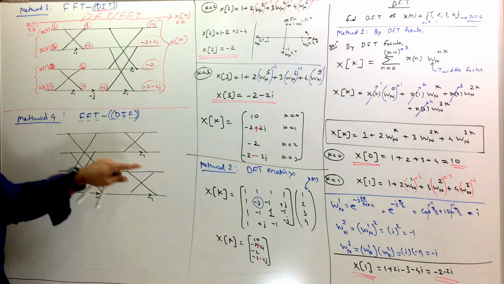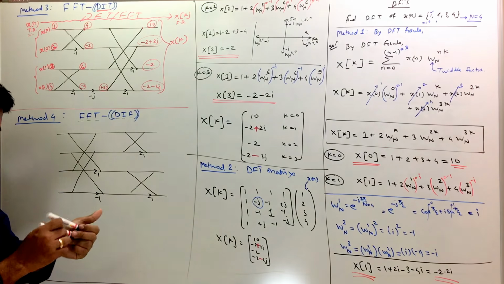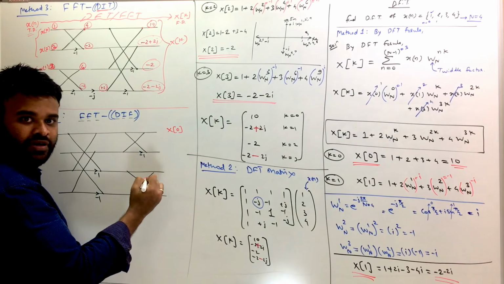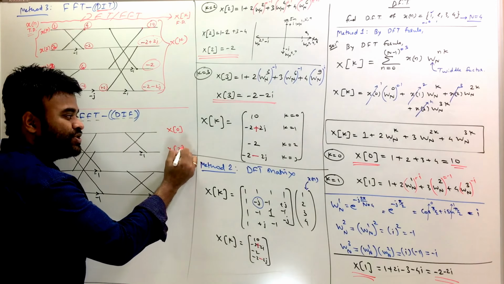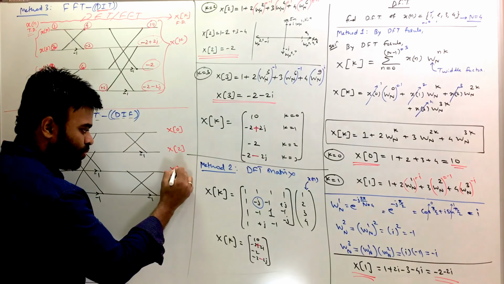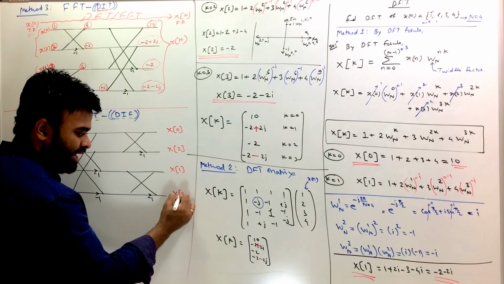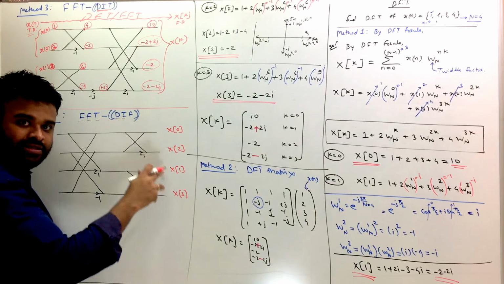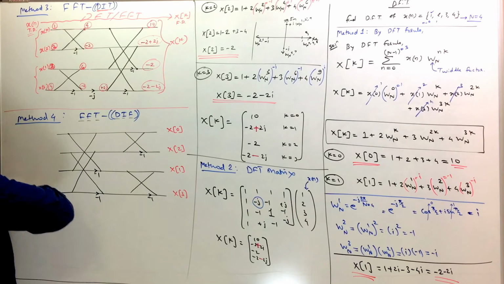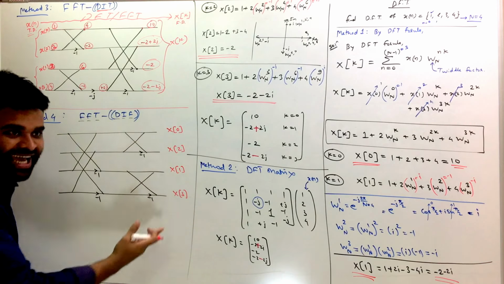DIT and DIF. Now when I do DIF, I will write this x0, no, not x1, x2, right? Exactly, that's decimation. And x1 and x3, you can see even and odd separated. That happened there because it was DIT, and now this is DIF.